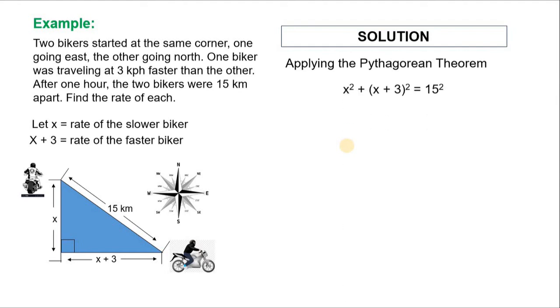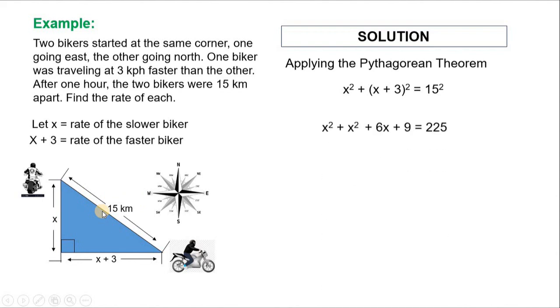So we have x squared plus x plus 3 squared equals 15 squared, because the Pythagorean theorem again is the sum of the squares of these two sides is equal to the square of the longest side. That's why we squared these sides and this one.